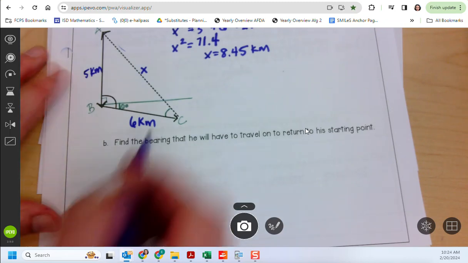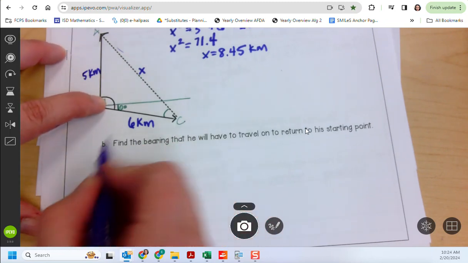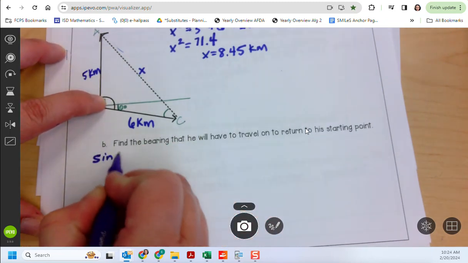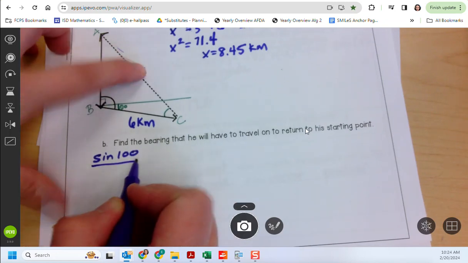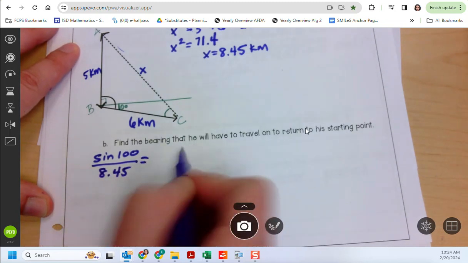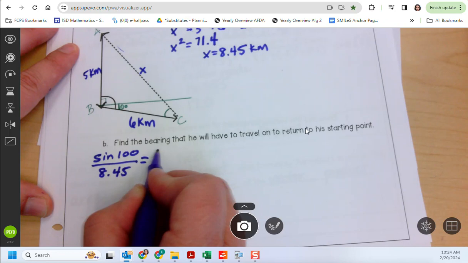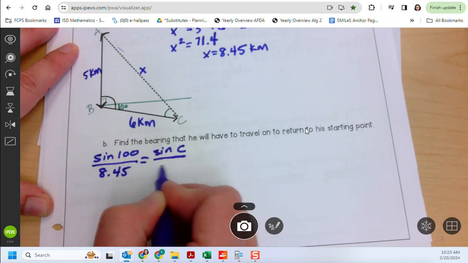So the sine rule says, I know now that this is 8.45, so I can do sine 100 over 8.45 equals the sine of C, angle C down here, over 5.